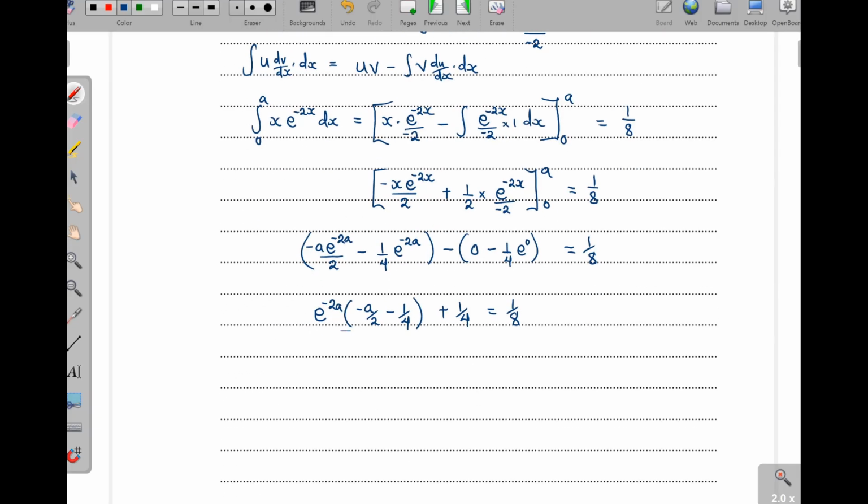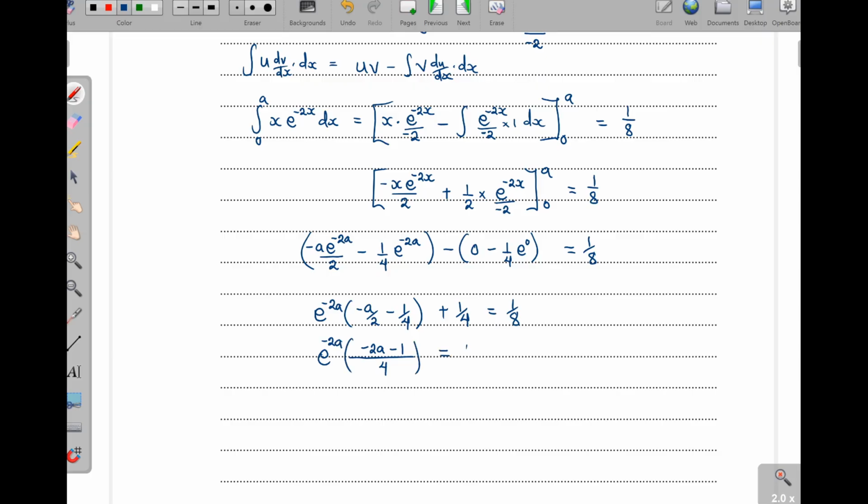I can make this one fraction. The LCM for these two will be 4. 4 divided by 2 gives 2, times this, so you get negative 2a minus 1, out of 4, times e to the power of negative 2a.